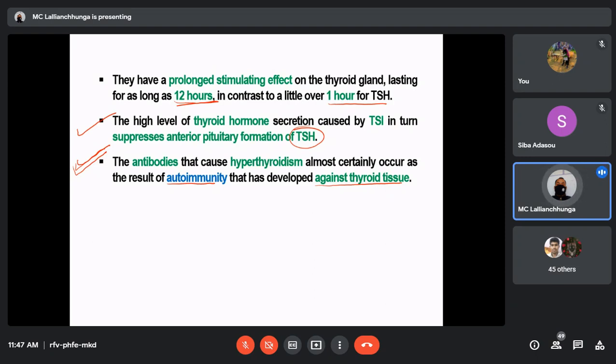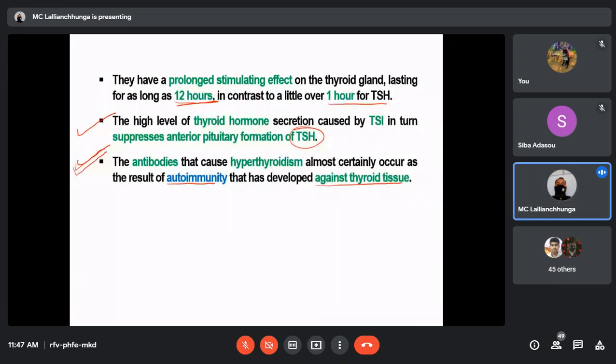Autoimmunity means, suppose when a foreign body enters your body, the body will attack those foreign bodies. For example, you have a viral or bacterial infection. When those microorganisms enter your body, they are recognized as foreign particles. So antibodies will be produced to attack those foreign particles or microorganisms.